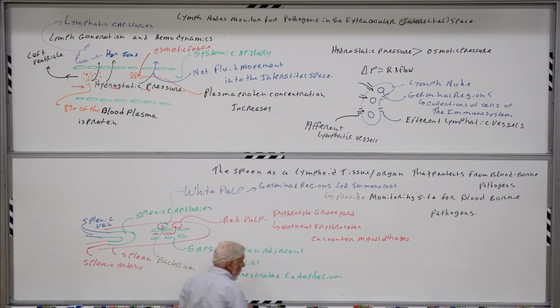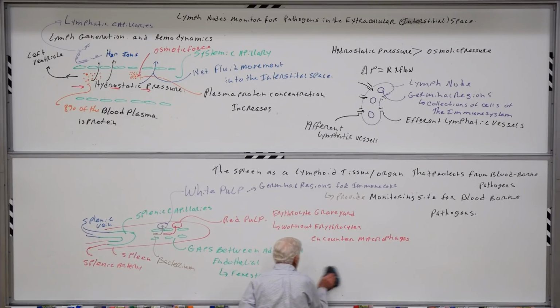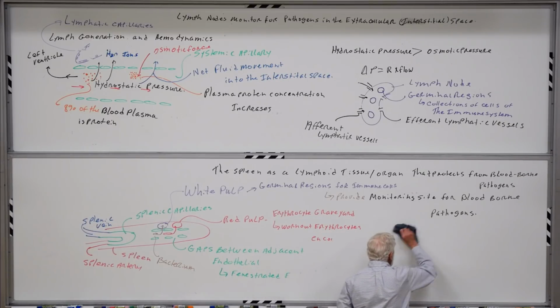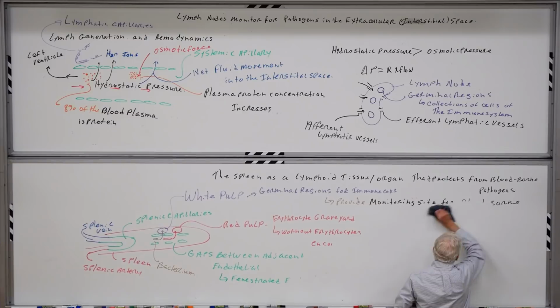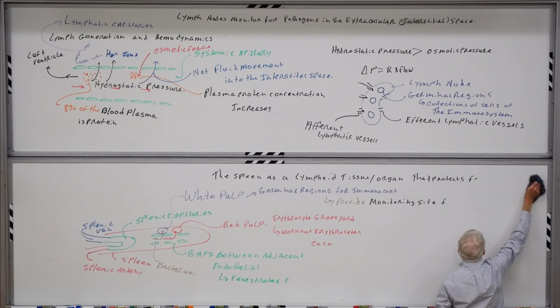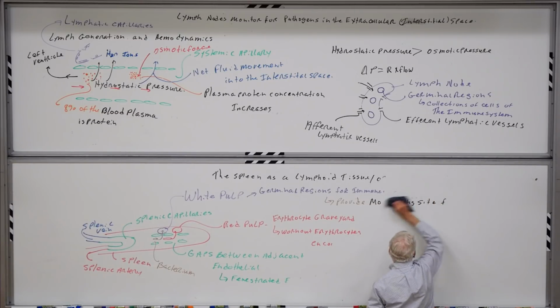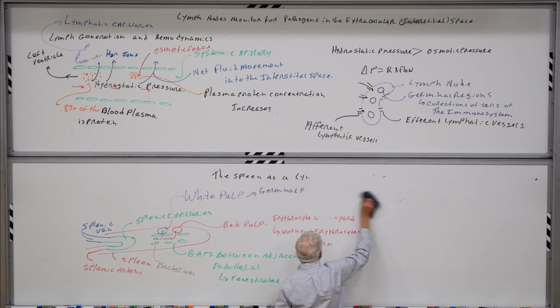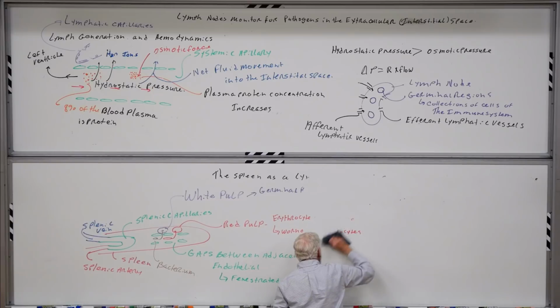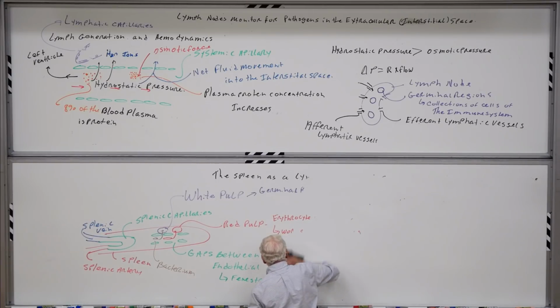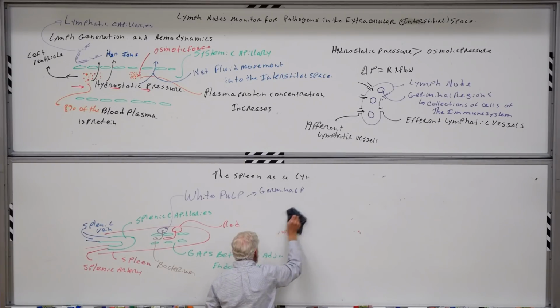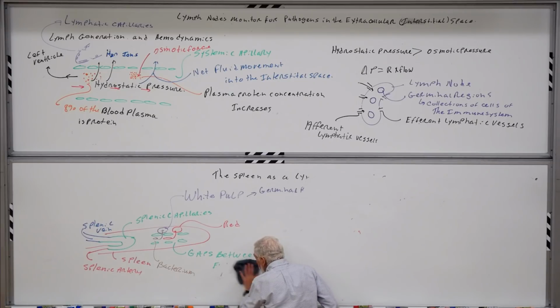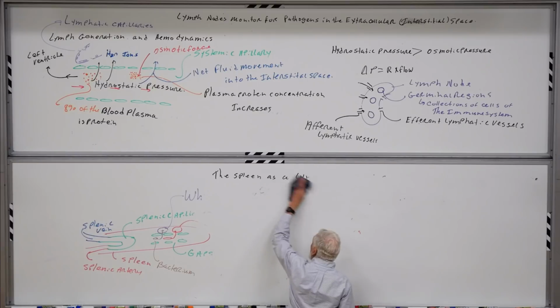Now we're going to change gears a little bit. And we're going to talk here about the epithelial associated lymphatic system. Now, that's a long-winded way of saying tonsils and Peyer's patches. But what we're going to see is we have a series of germinal regions, a series of clustering of immune cells located right beneath the epithelium of the pharynx, and then at intervals all along the GI tract.